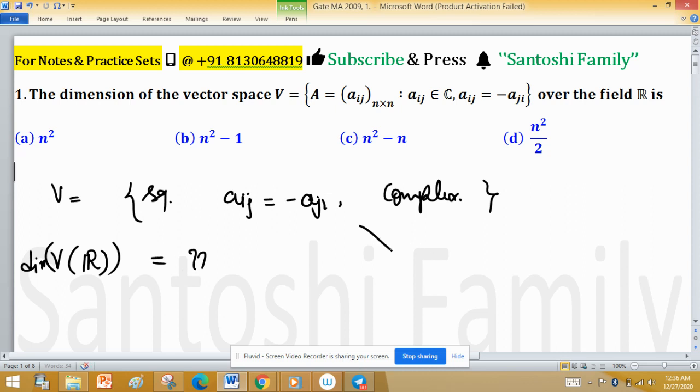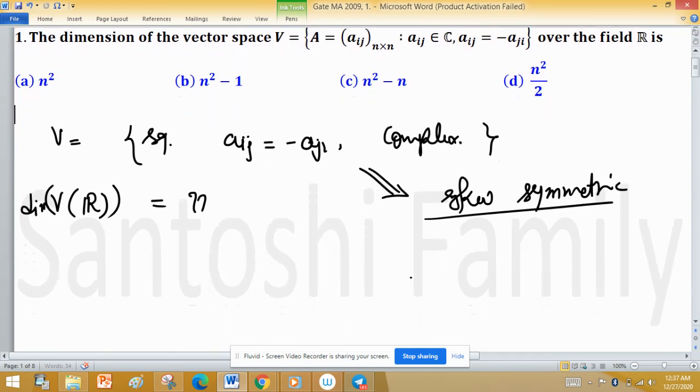Now this matrix is very familiar to us. This is a skew symmetric matrix. And how to define a skew symmetric matrix? Consider a 3 by 3 matrix, it is easy to understand.